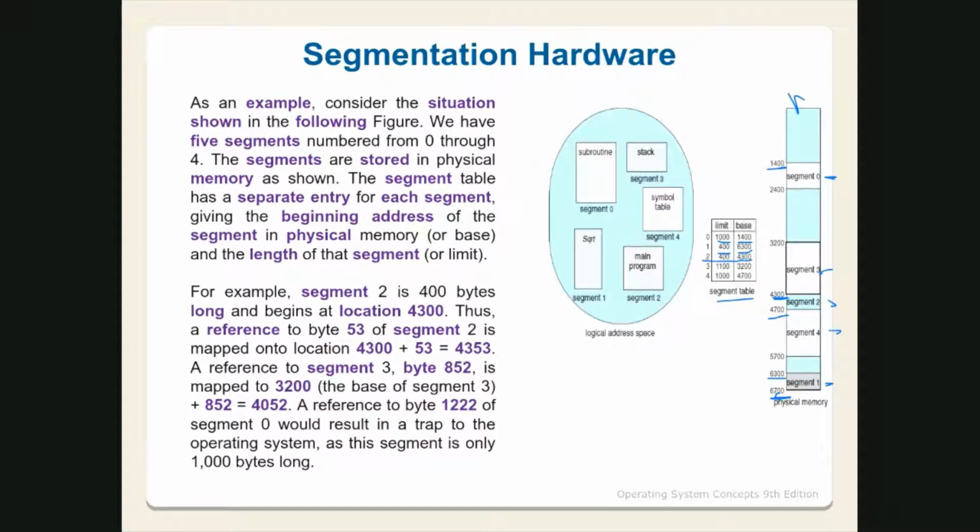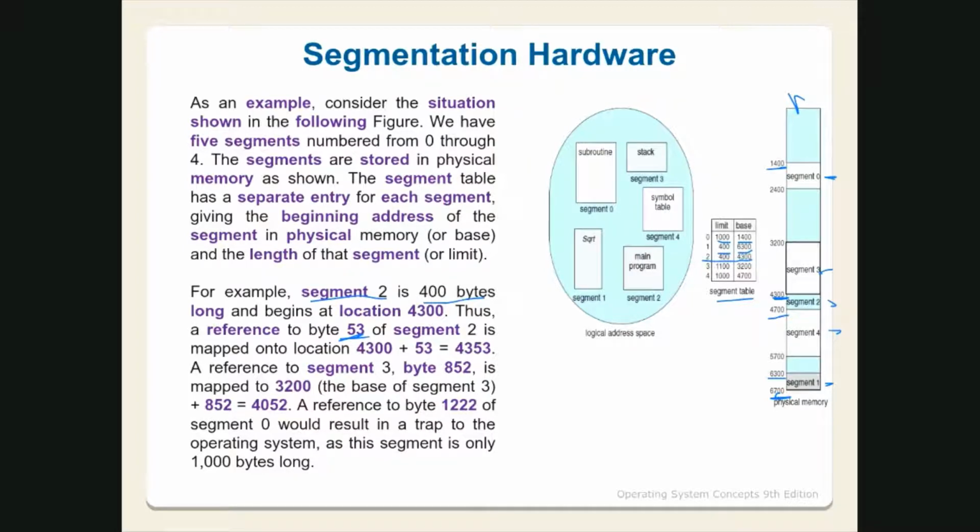You are planning to access a particular element inside a segment. Let's say I'm going to access a particular location inside segment 2. Segment 2 is of 400 bytes. I want to refer to byte 53 of segment 2.